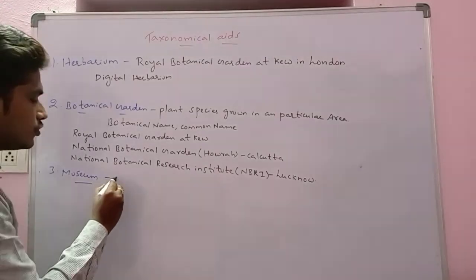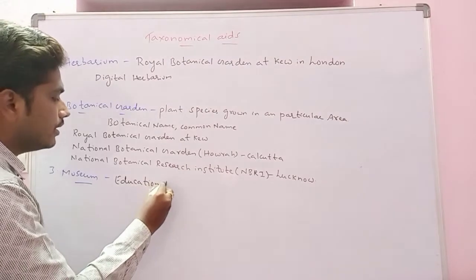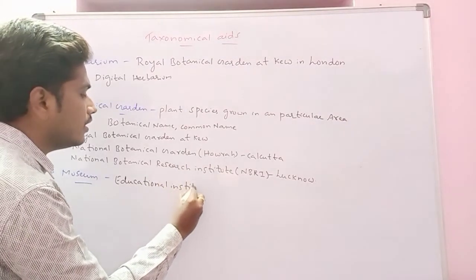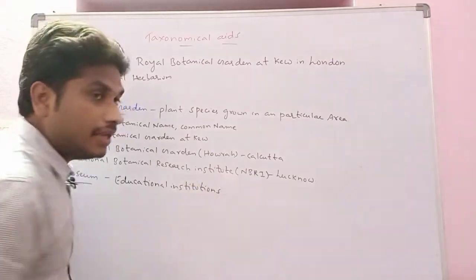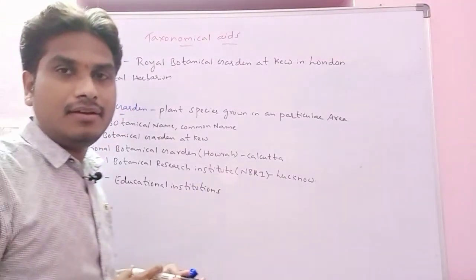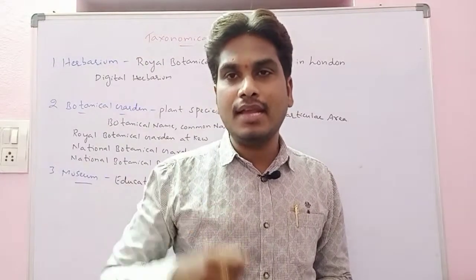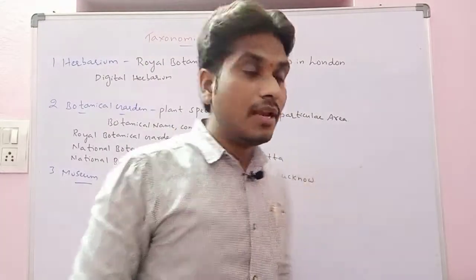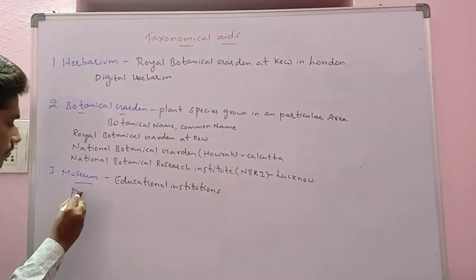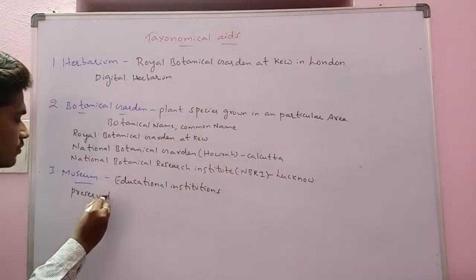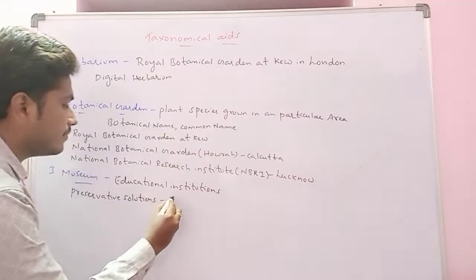The educational institutions set up the museums, and those museums are meant for exhibiting varied or rare varieties of plants and rare varieties of animals, which we preserve by adding preservative solutions to the specimens.